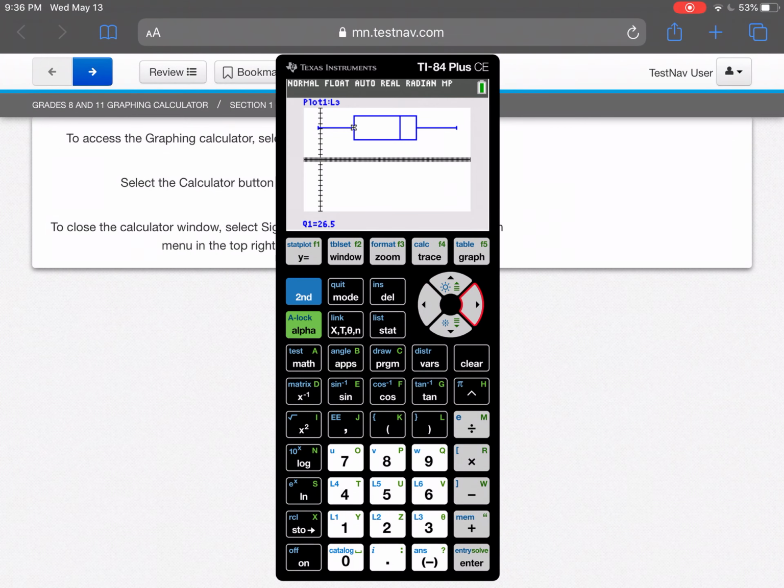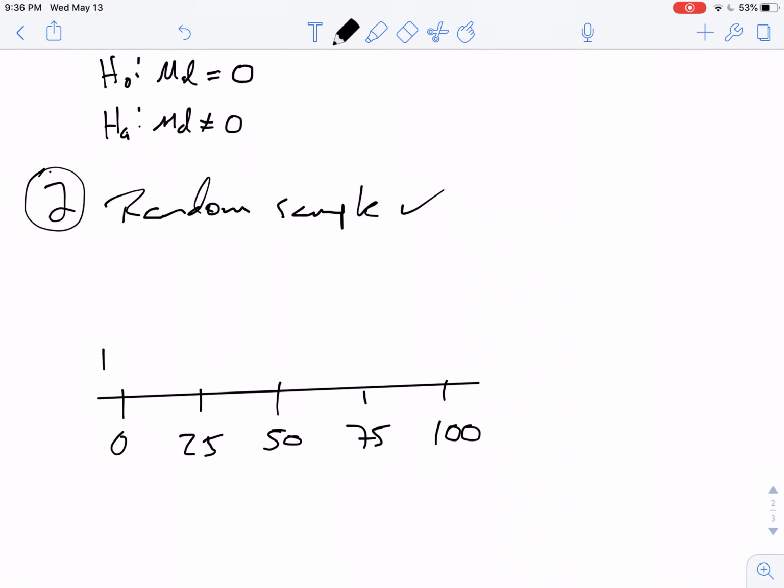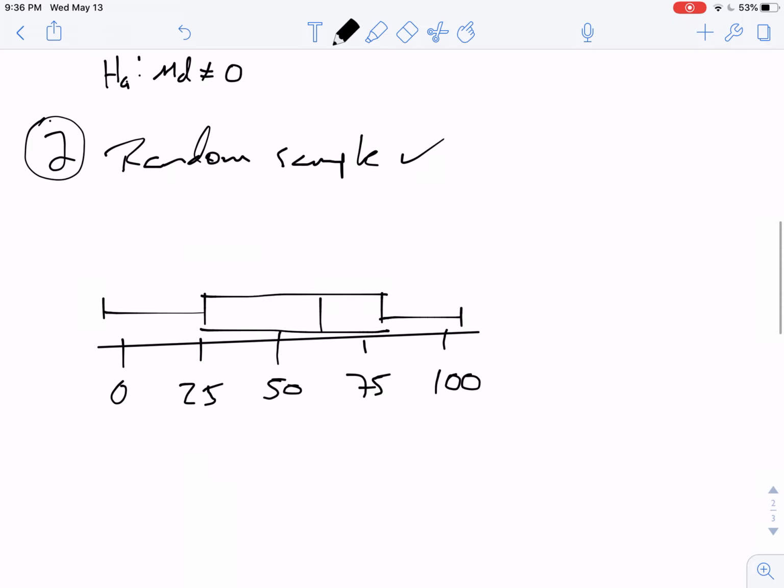So -2, 26.5, 63, 76, and 108. Then I can transfer those values here and construct my box plot. All right, so that's the box plot.